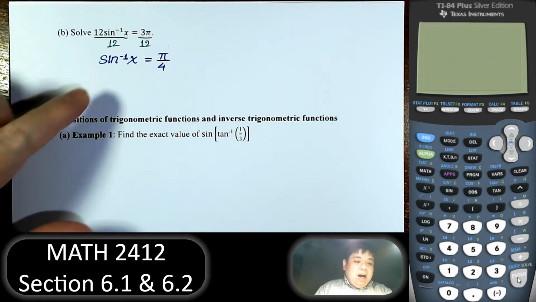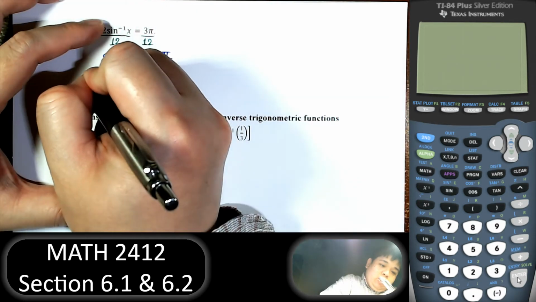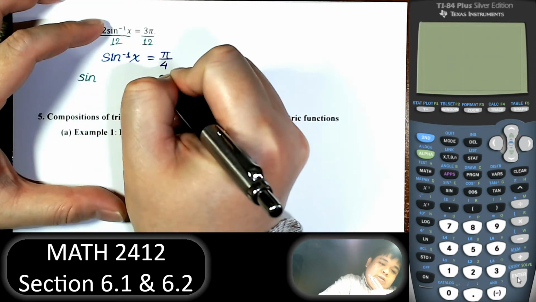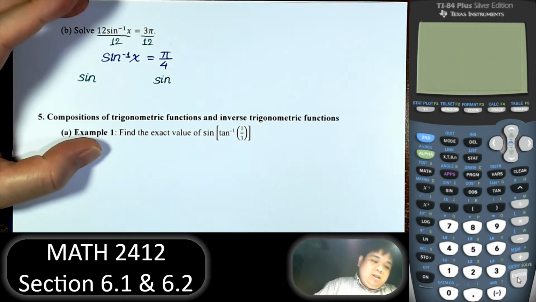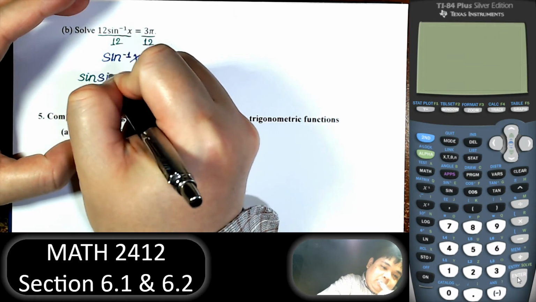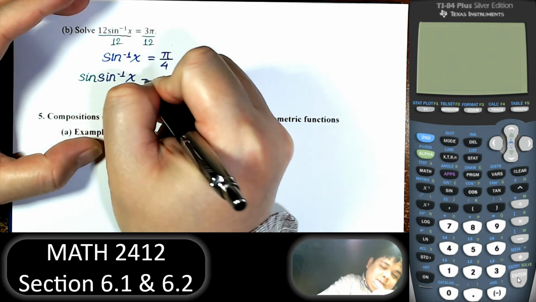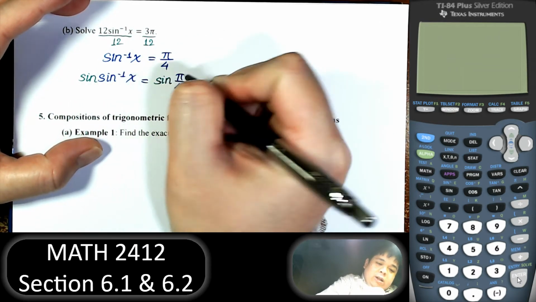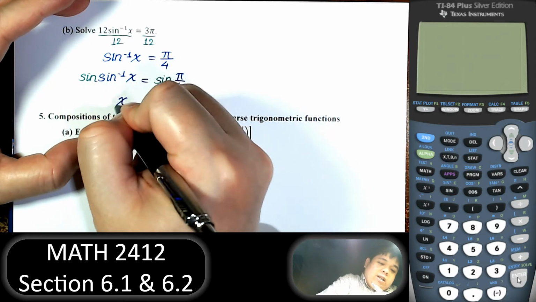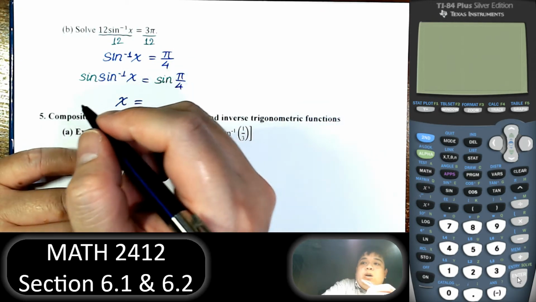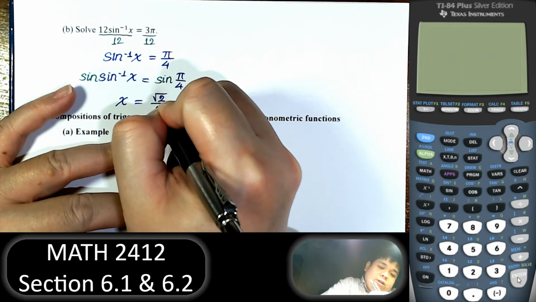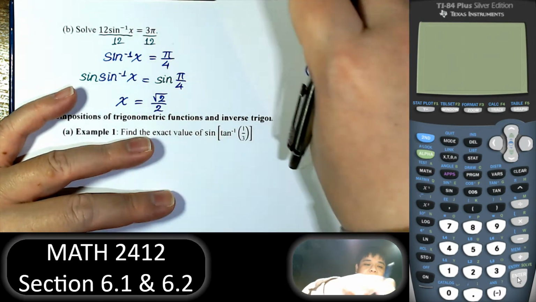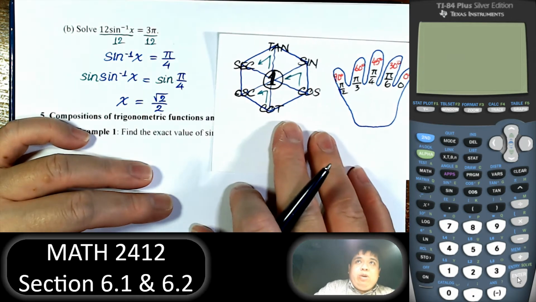Next, to get rid of the inverse, we can take the sine; the function will cancel the inverse if it exists. And it exists. Inside is pi over 4, so the answer is square root of 2 over 2.